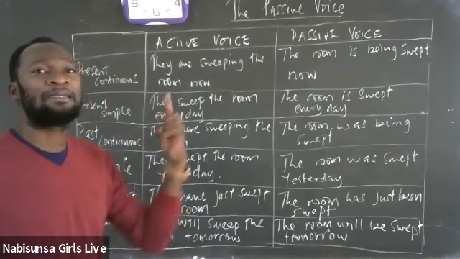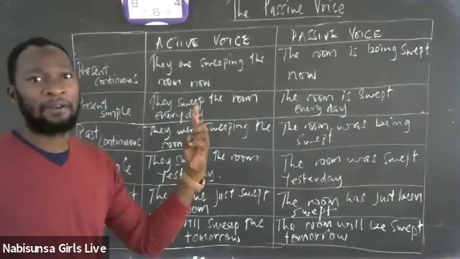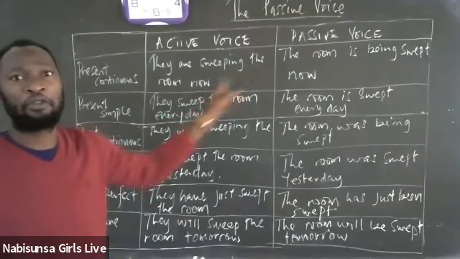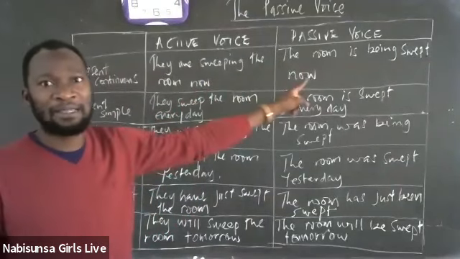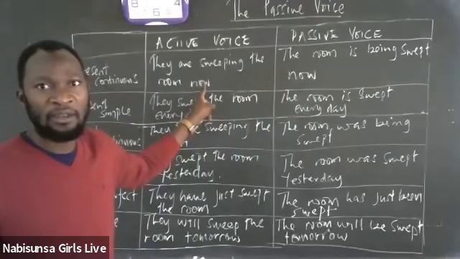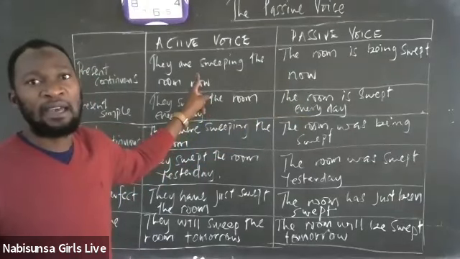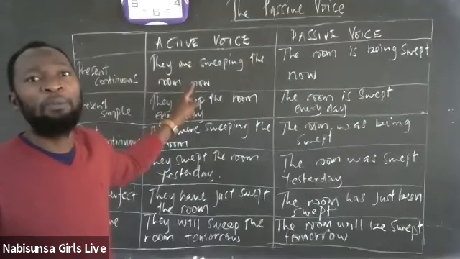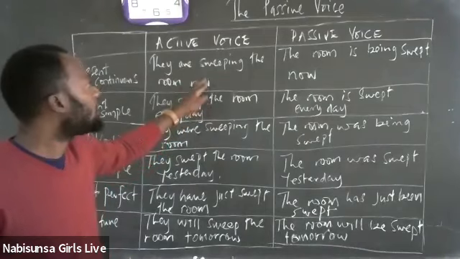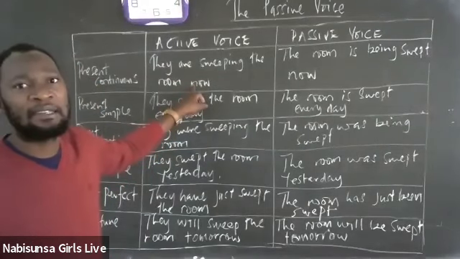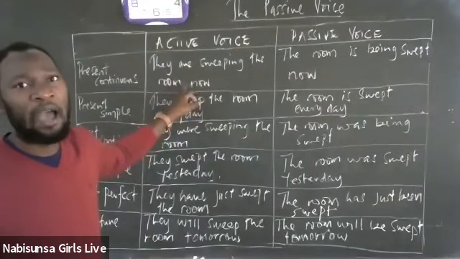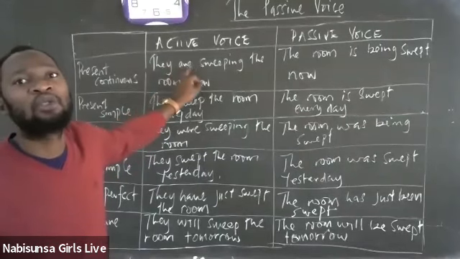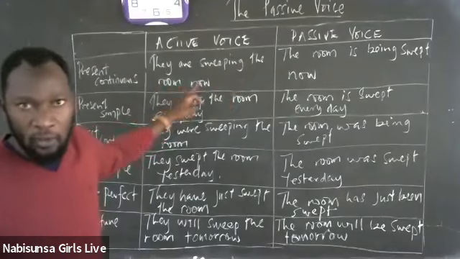Now, what would become the passive voice? You see what has changed from the active voice to the passive voice. In the first sentence in the active voice, we have they, we have are, then we have sweeping the room now.